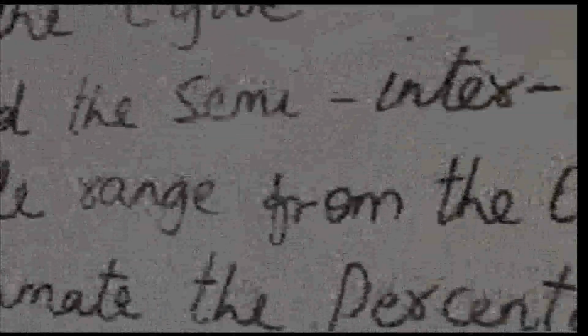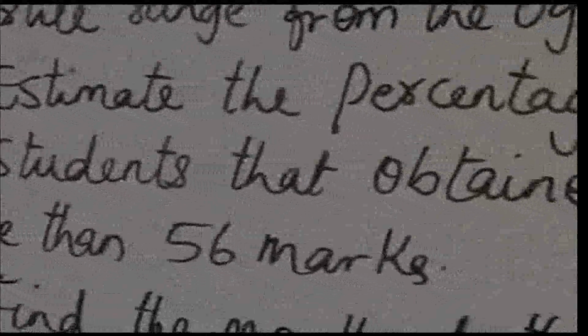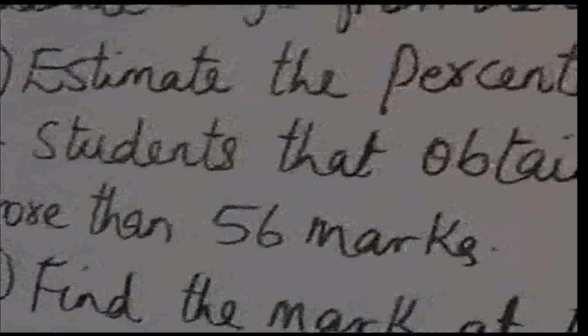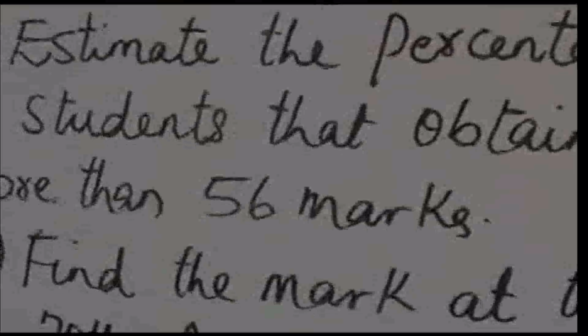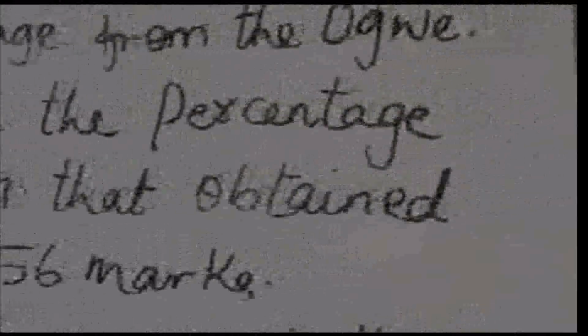The question says, estimate the percentage of students that obtained more than 56 marks. There is a sense there. The value you have calculated from your ogive gave you 72%.